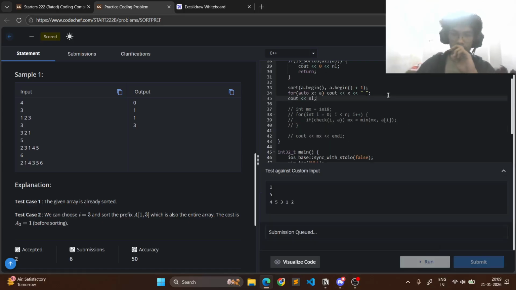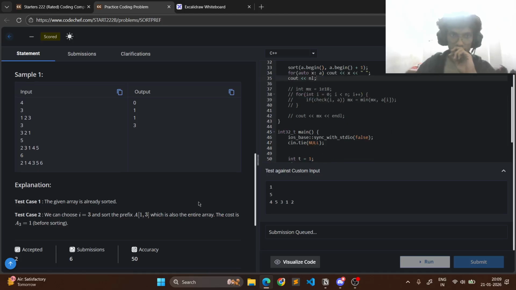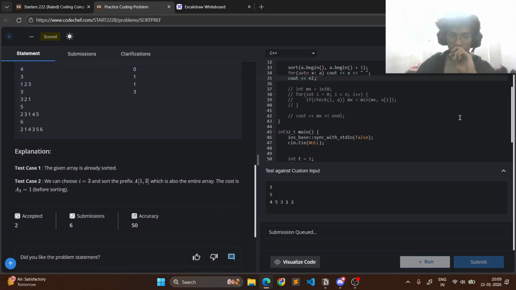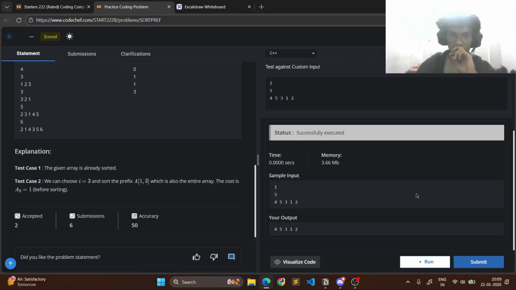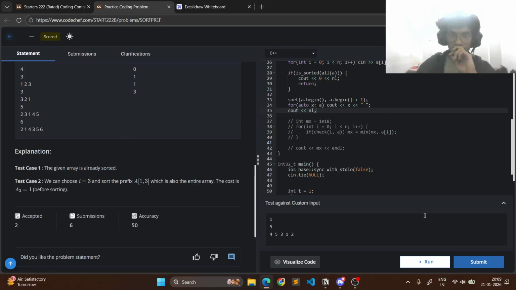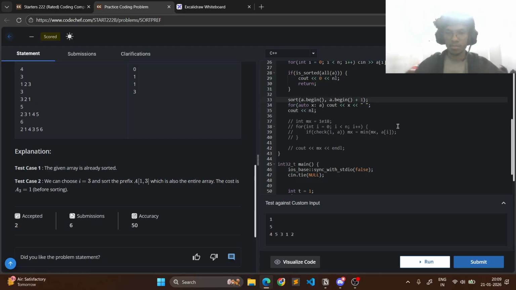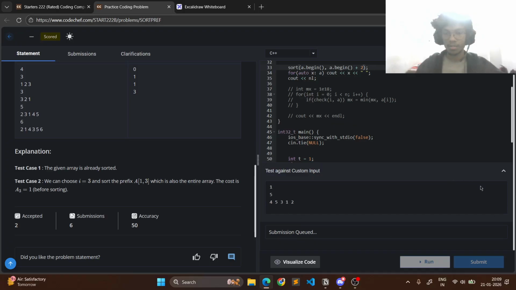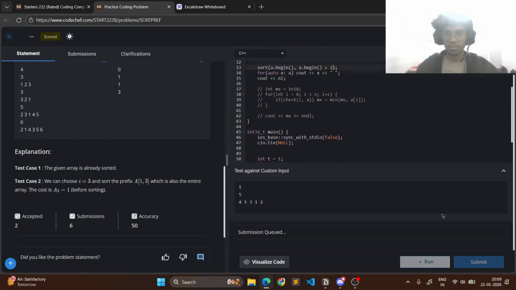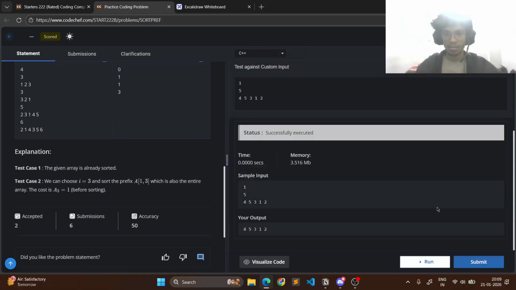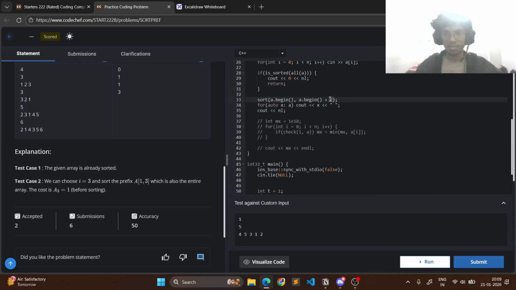Because I think that is what is causing the issue. 4 5 3. So 3 remains 4 5 3. Alright.